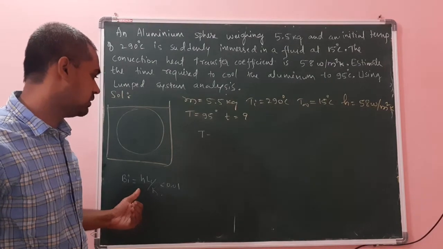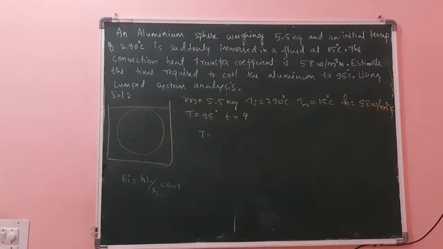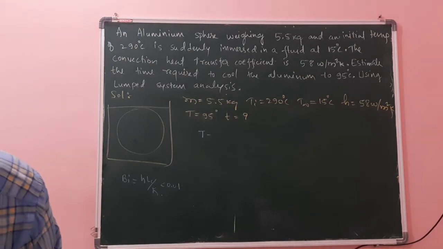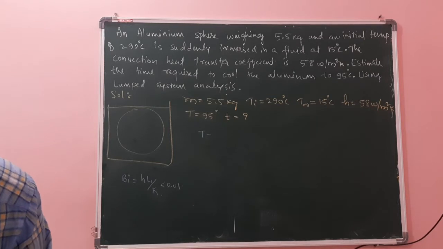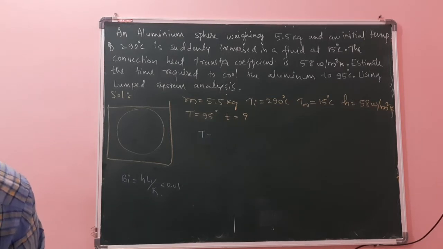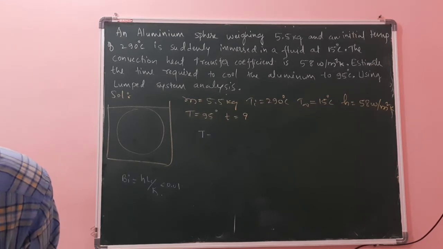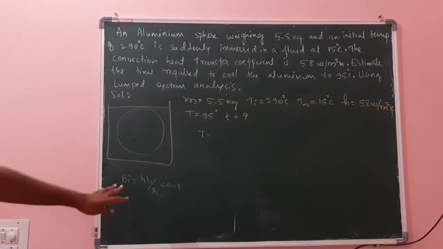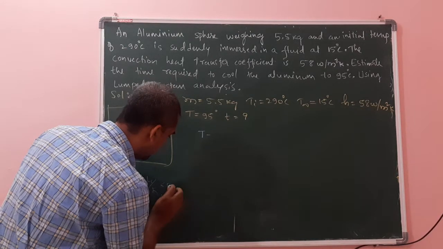If the Biot number is greater than 0.01, we cannot say it is a lumped system. Actually, it is 0.1.